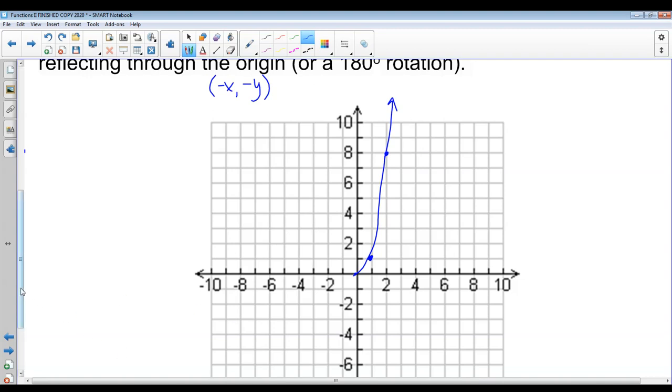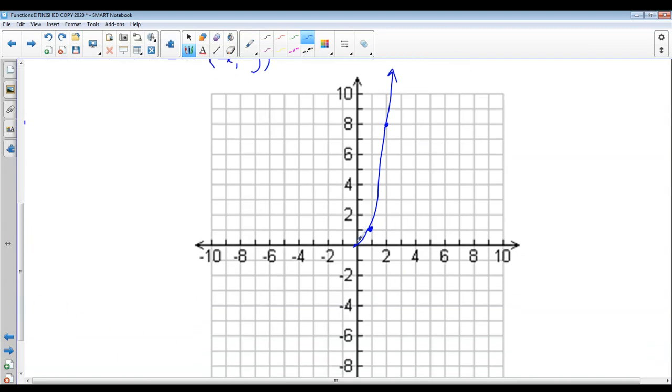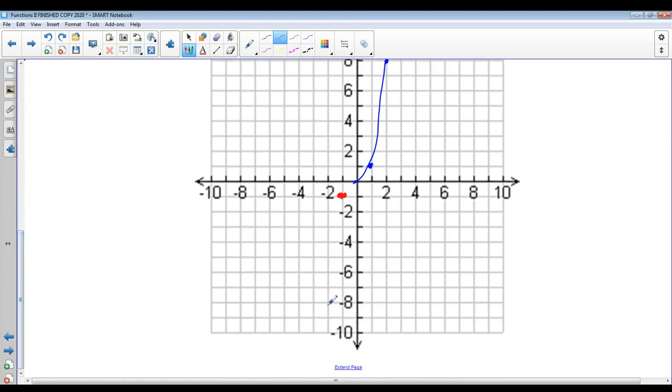Now if we negate both these coordinates, if we reflect this through the origin, 1, 1 becomes -1, -1. 2, 8 becomes -2, -8. And there we can see the reflection through the origin.